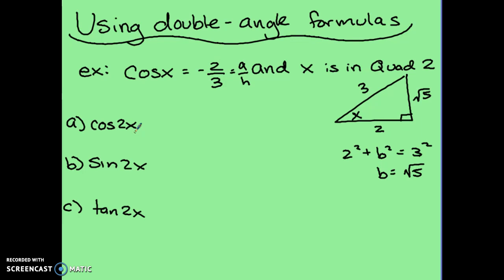Before I do that, I already have my cosine ratio. I'm going to go ahead and just figure out what my sine ratio is. If you want, you can figure out your tangent, but I'm actually going to show you a tricky trick for that, okay? So we've got sine is opposite over hypotenuse.